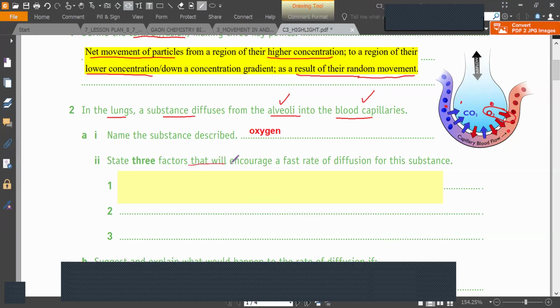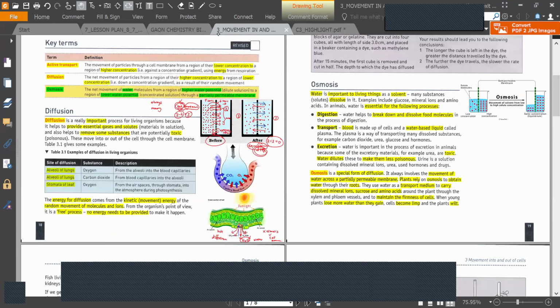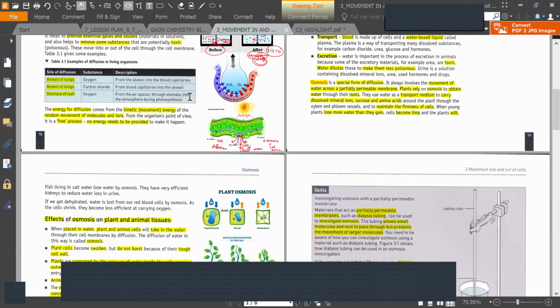State 3 factors that will encourage a fast rate of diffusion for this substance. So we can talk about the adaptations or features of the lungs that will make this diffusion of oxygen faster, or will make the diffusion of carbon dioxide faster or more effective. We already learned that.